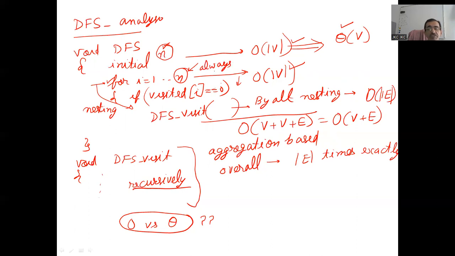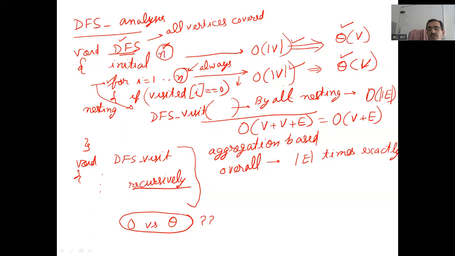In the BFS visit, we already said all are not targeted, only reachable ones. But in case of DFS, through repeated DFS visit calls, all are covered. So this can be claimed to be theta of V.